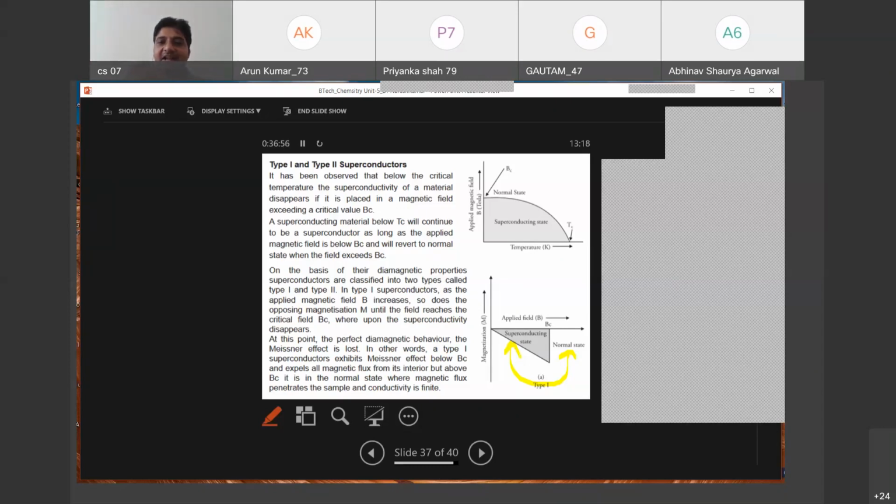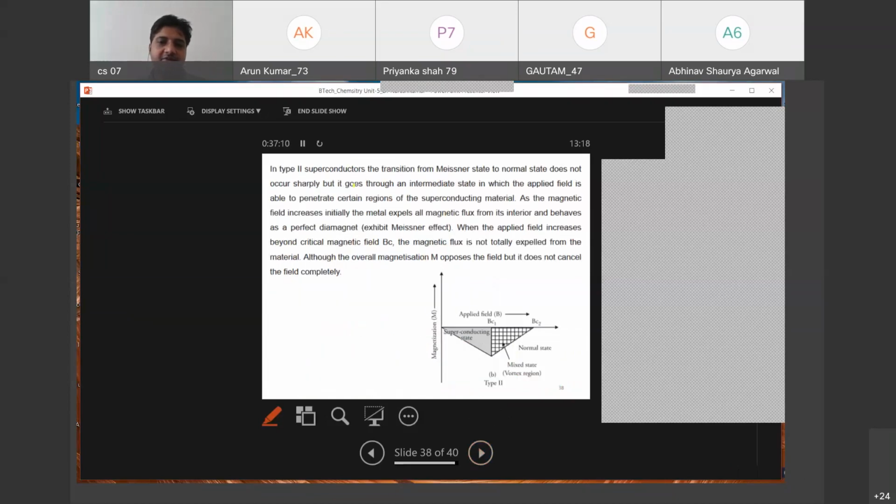So that happens in case of type 2 superconductors. We will discuss type 2 superconductors day after tomorrow. I have briefly told you.